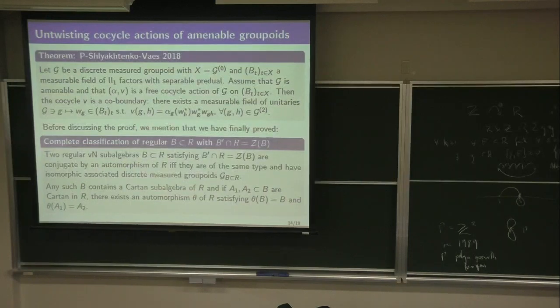Now there is a second part to our theorem which is not evident, I would say. We were also able to prove that any such regular subalgebra B of R contains a Cartan subalgebra, and that if you take two Cartan subalgebras A1 and A2 in B, then there exists an automorphism of R that leaves B invariant and takes A1 onto A2.